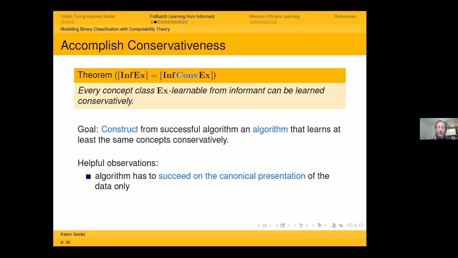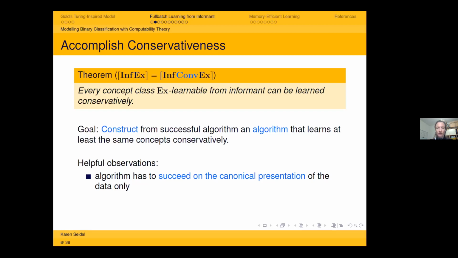There we prove some lemmas. One is that it is enough to consider the canonical presentation. So far this is an adversarial model, and the learning algorithm has to succeed no matter in which order the data is presented, and it may contain repetitions and so on.